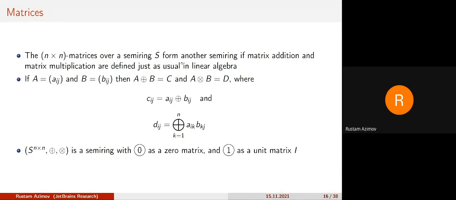When we build a semiring, we can define the operations over square matrices as usual, and if we do so, we get another semiring for these matrices, with the natural element 0 as a zero matrix and the natural element 1 as a unit matrix.